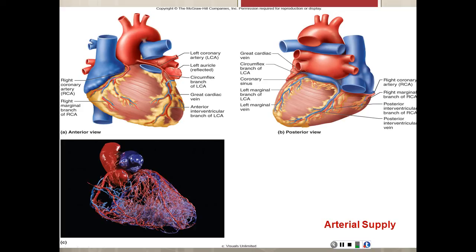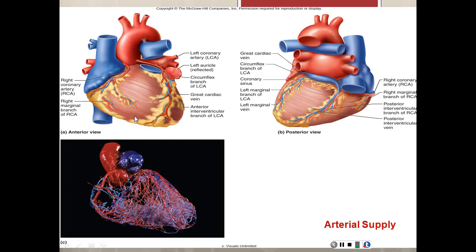We have a right marginal, here it is, the right marginal branch, which runs down toward the apex of the heart, and then supplies the lateral aspect of the right atrium, and of course the ventricle.